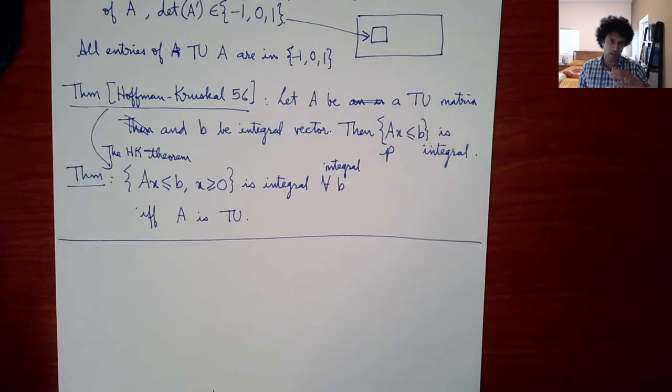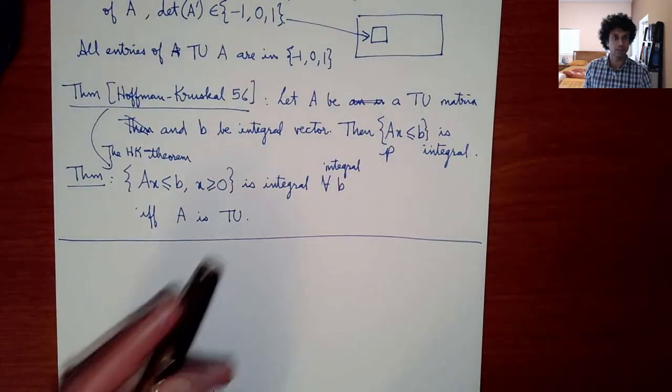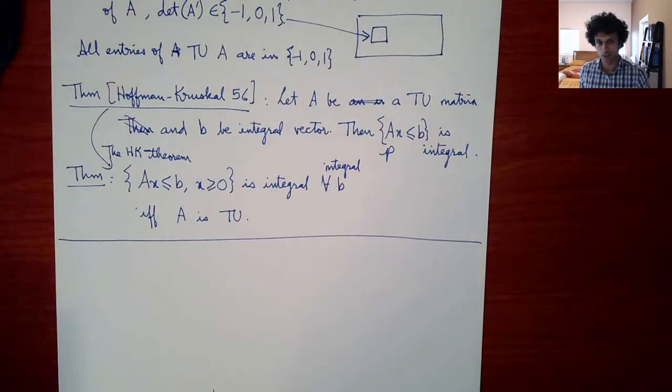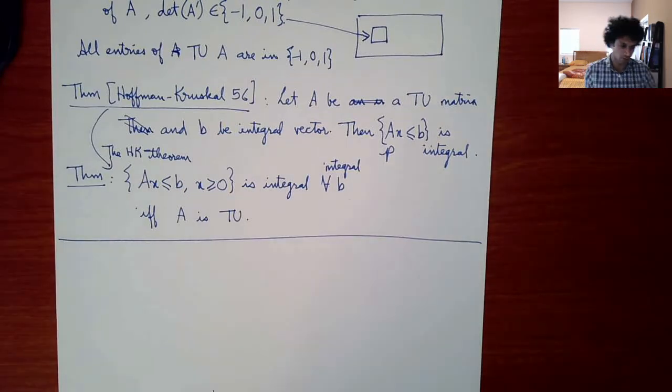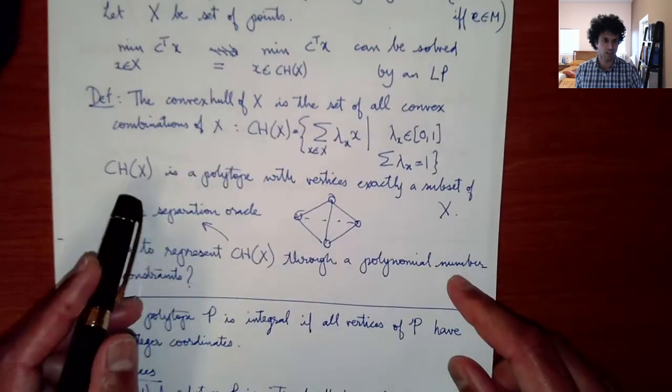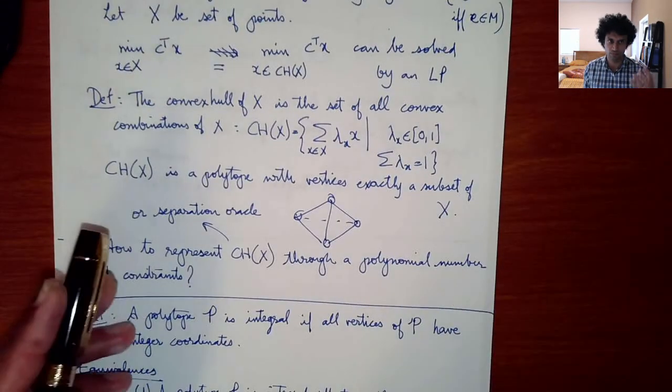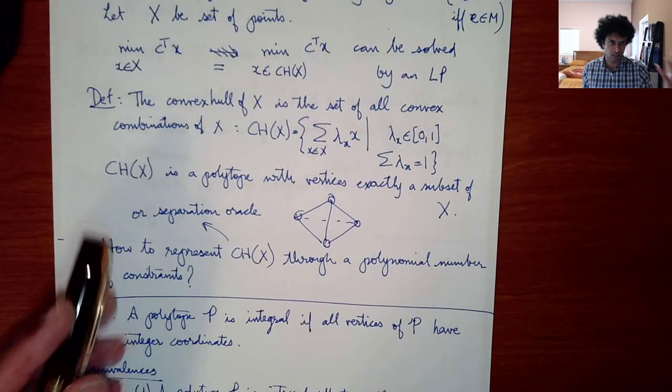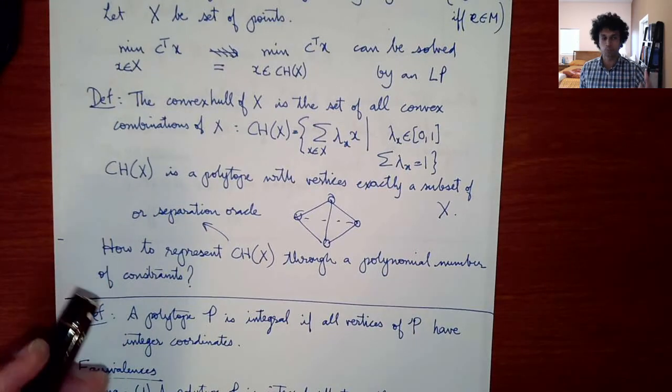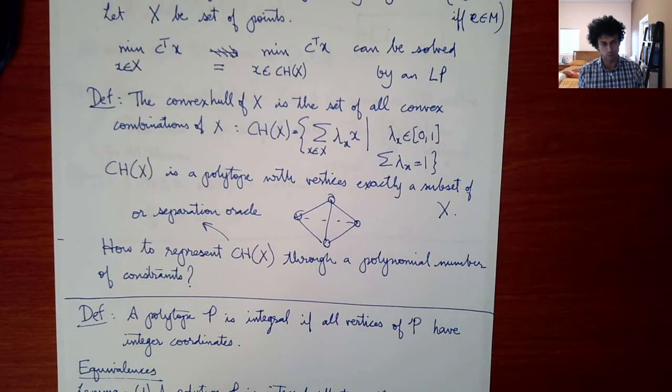So there happen to be enough cases. You're asking, are there polytopes that come up which are not totally unimodular, yet you get some kind of integrality condition? The answer is yes. There are more complex methods. Another way of looking at this problem is, let's say you're trying to compute what CH of X is, the convex hull of some discrete set. Then you can try to come up with polytopes through a mechanism called a cutting plane proof, which will give you an explicit description, but it might be very large.